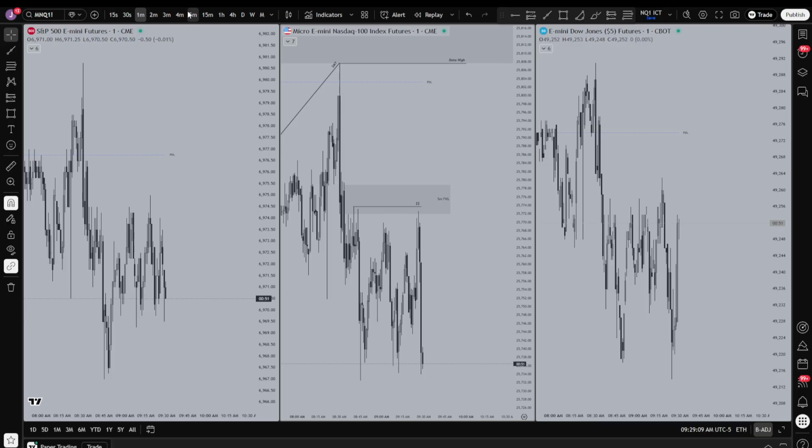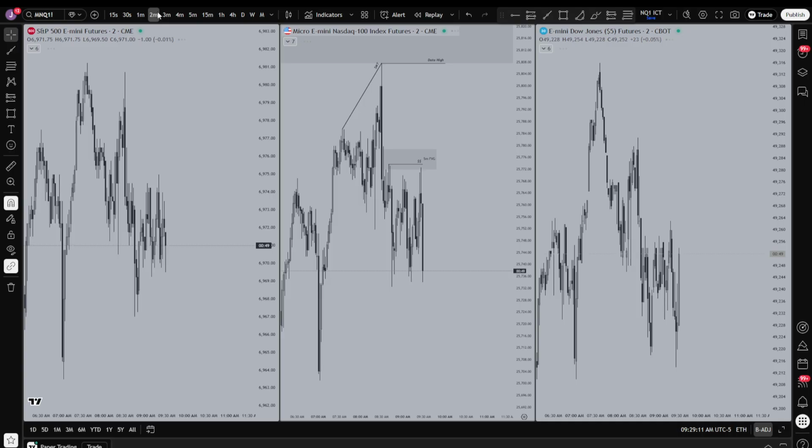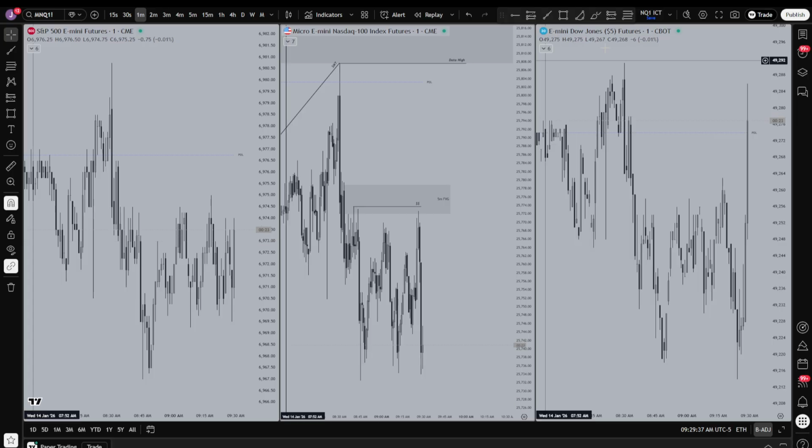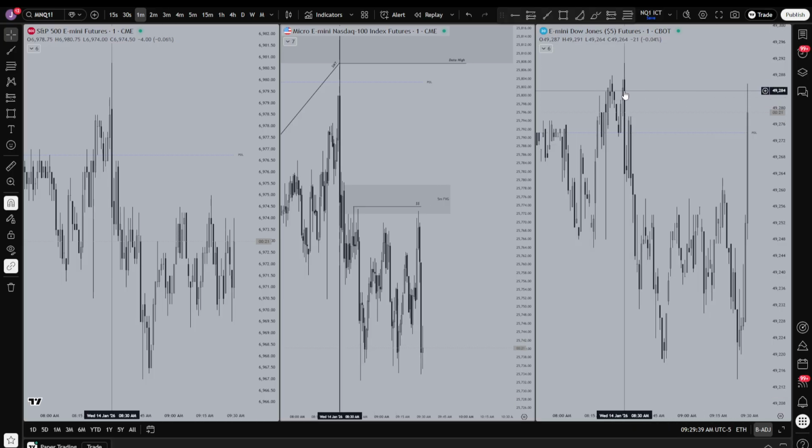I wanted to see us take out that internal high inside that 5 minute, but we SMT'd the internal high, like that 9 a.m. candle. But yeah, SMT at these lows now. Wow, YM just pushed up a massive amount. About to take that high, low key. The YM method.